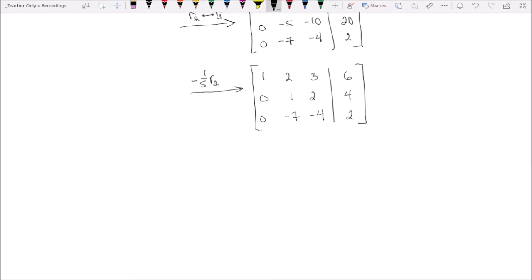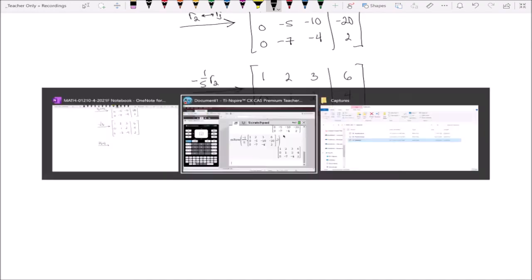And now 7 times row 2 plus row 3. And this should just about put us in REF.